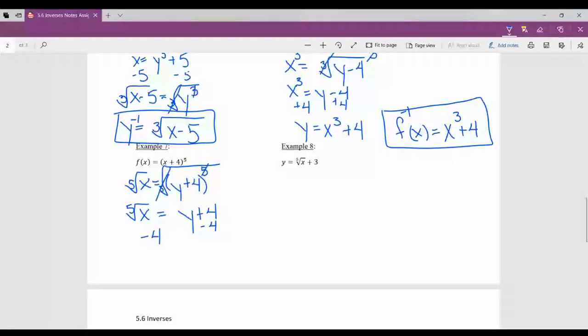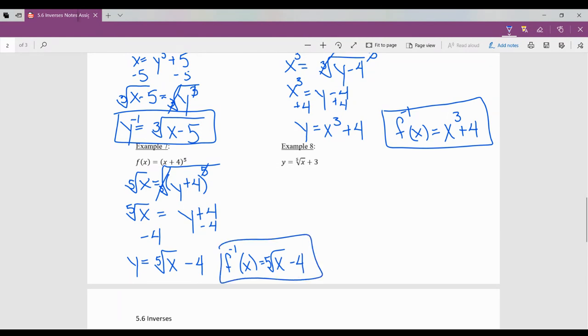Now that happens after the root, so this minus 4 is going to be outside of the root. So we get y equals the 5th root of x, and then the minus 4 happens after, so it's going to be outside after the root. Now, because it was function notation, again, it's going to be f inverse x equals the 5th root of x minus 4. And that's my inverse for that function.